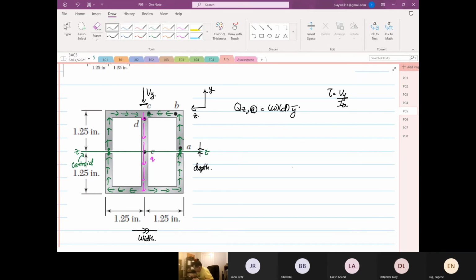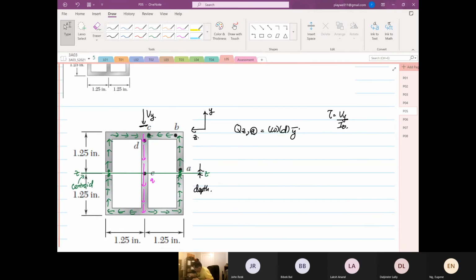So we know that the thickness is what? The thickness is 1/8. The width is 1/8. However, the depth is 0. The Y bar is equal to 0. So it's equal to 0. Right? So from here, we know that the shear stress at point A will be equal to what? 0. Okay?